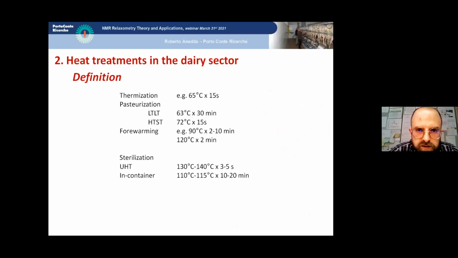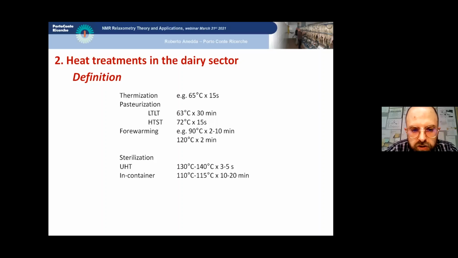Now, heat treatments, some definitions. Thermization is generally used to kill psychrotroph microorganisms that are sensitive to high temperature. When microflora is reduced, milk and of course the derived dairy products can be safely stored at low temperature for a long time, from few days to weeks or even months.